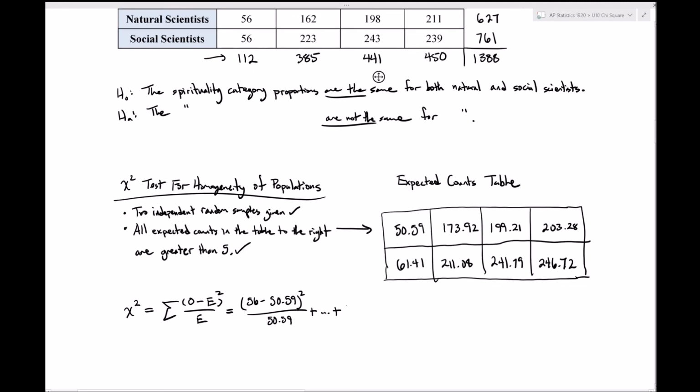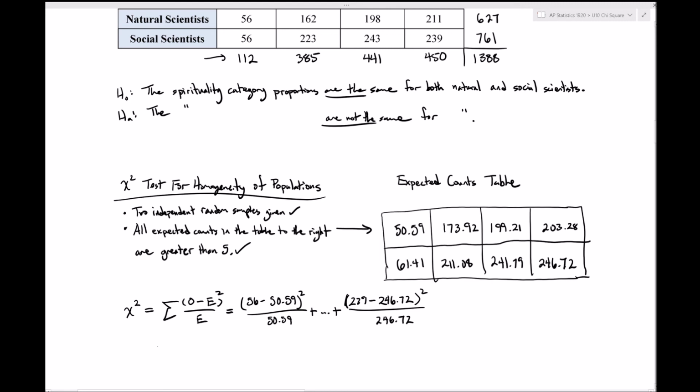And we do the last one, 239 minus the corresponding expected value, 246.72. The difference is squared. You divide by the expected, 246.72.